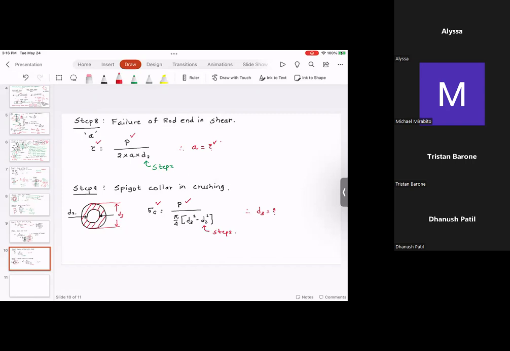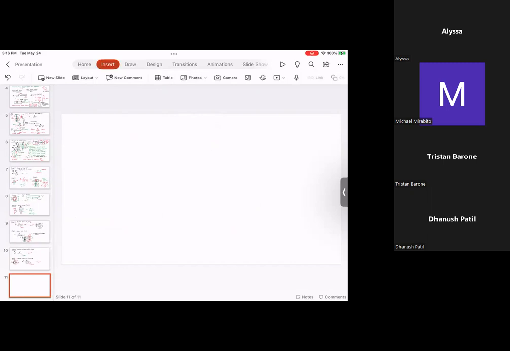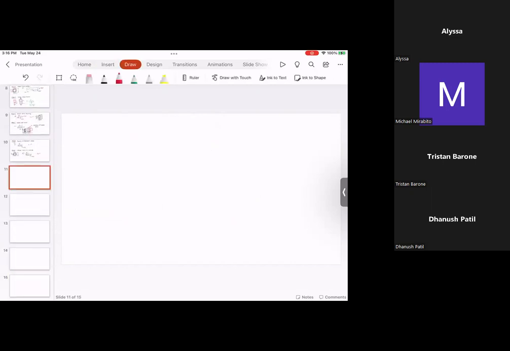Step 10. So spigot collar in crushing. You can actually do a collar in shearing.